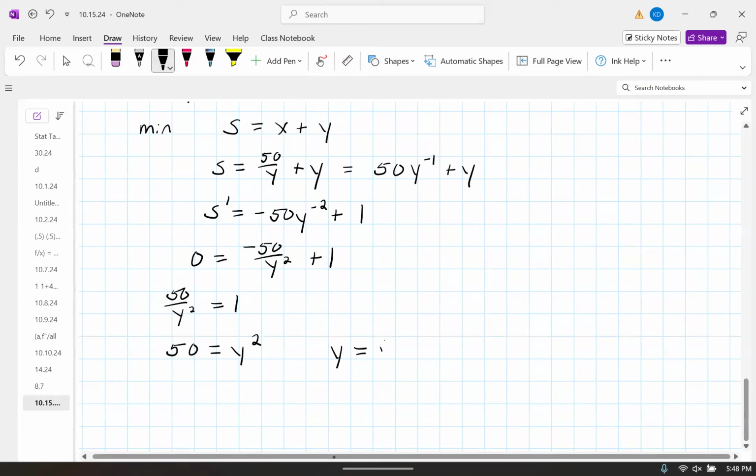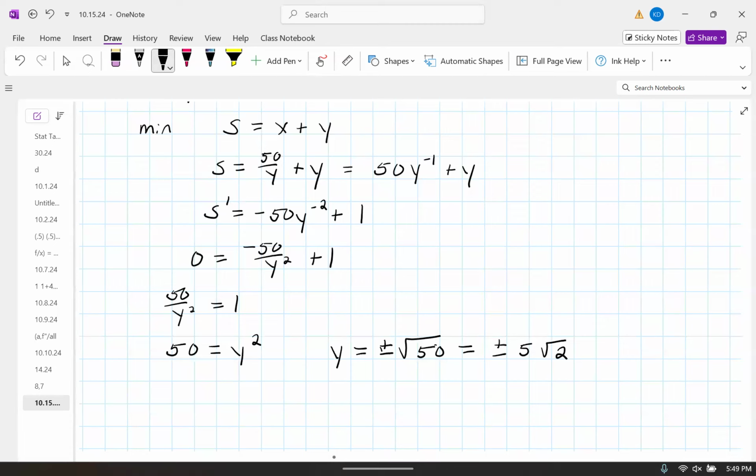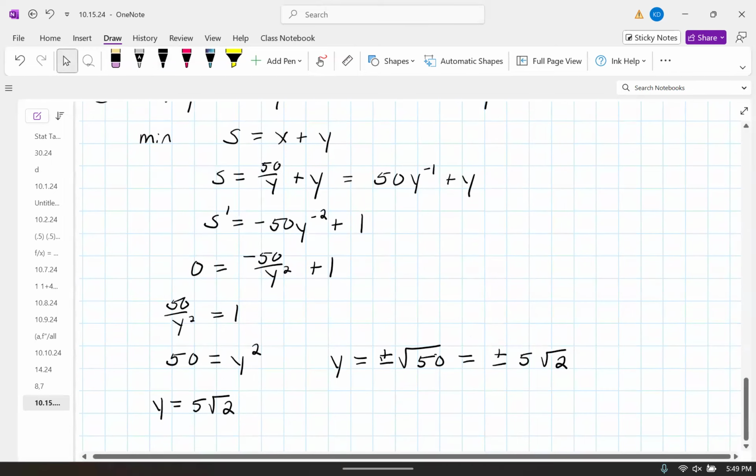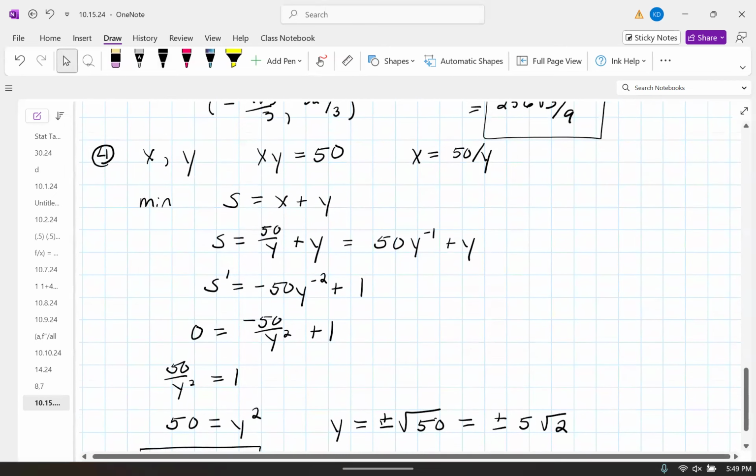y equals plus or minus the square root of 50, which is plus or minus 5 root 2. I can throw one of those away, can't I? Negative. No, I don't even need that. 5 square root of 2. So now that I have y, come all the way back up here.